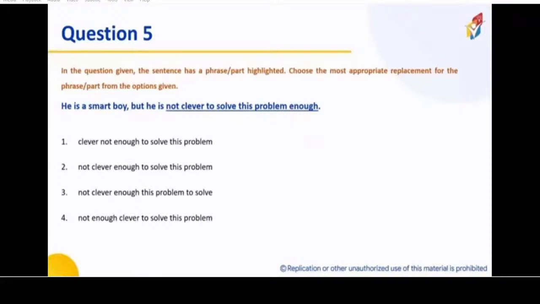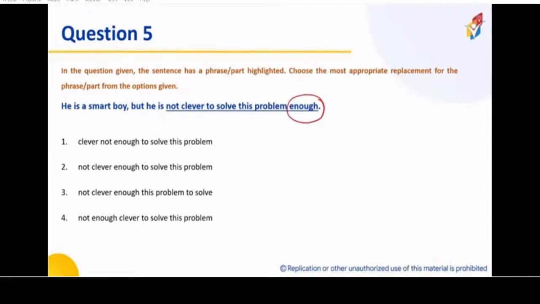He's a smart boy, but he's not clever to solve this problem enough. If you look at the instructions, it says the sentence has a phrase or a part highlighted. Choose the most appropriate replacement for the phrase or part from the options given. So the part that's highlighted is this: not clever to solve this problem enough. So this enough is a very peculiar adverb in terms of the position that it takes.